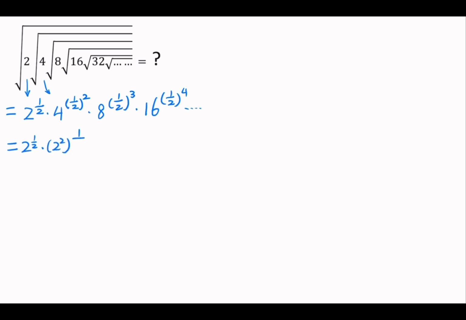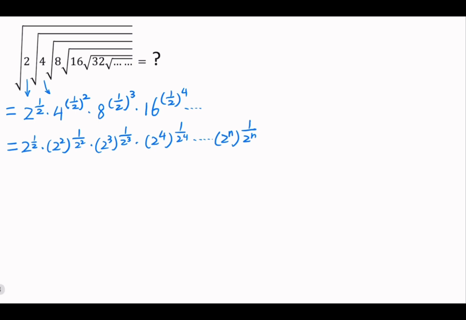So this actually equals 2 to the power of 1 over 2, times 2 squared to the power of 1 over 2 squared, times 2 cubed to the power of 1 over 2 cubed, times 2 to the fourth to the power of 1 over 2 to the fourth, and then go to, let's say, 2 to the power of n and 1 over 2 to the power of n.